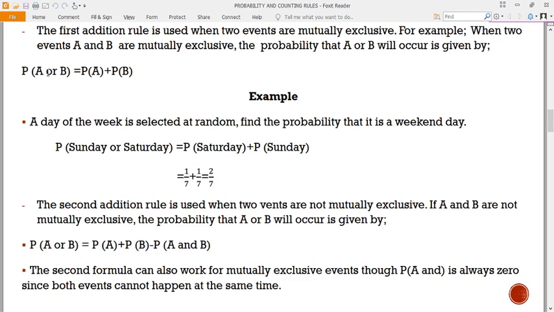To get the probability of a weekend day, we add the 2 probabilities, which gives us 2 out of 7. So that is our first section of the addition rule. Then the second part of addition works when the events are not mutually exclusive, meaning the events can both happen at the same time.